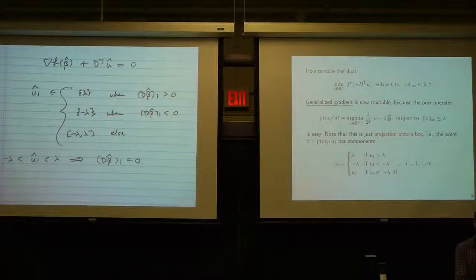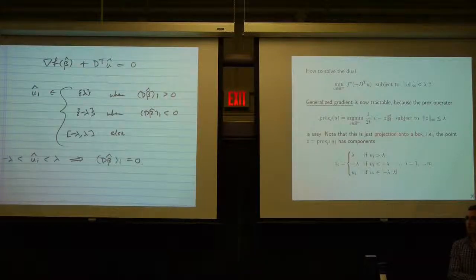And each component, if you pass me u and you want to project u onto the L infinity ball, or the set of all z for which z in an infinity norm is less than or equal to lambda, I just take the ith component of u and I see whether it's bigger than lambda. If it is, I move it to lambda. If it's smaller than minus lambda, I move it to minus lambda.